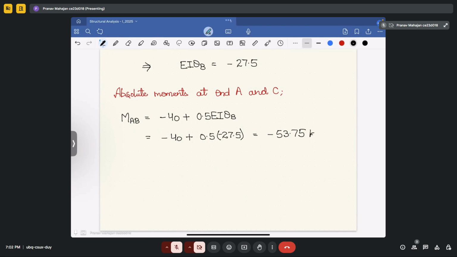Fine. Similarly, if we need to calculate the value of MCB, how we defined MCB?